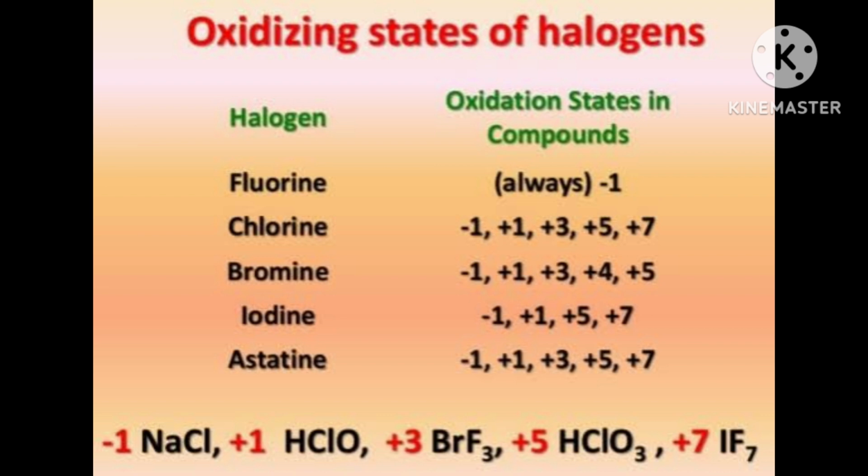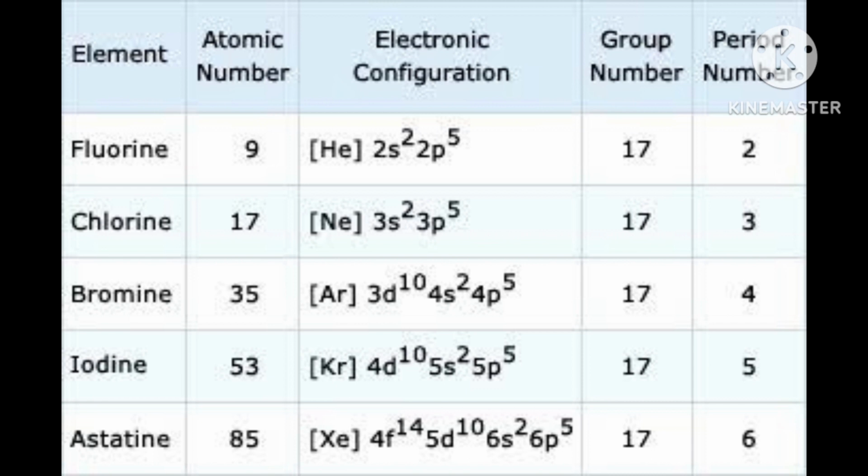Now ionization energy or ionization enthalpy, I am talking about in terms of kilojoule per mole. For fluorine, it is 1680.